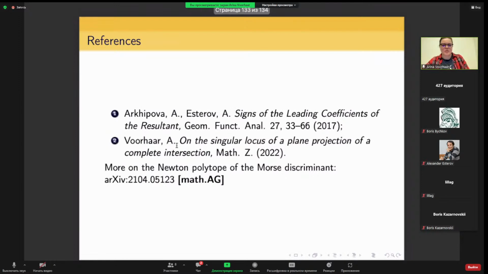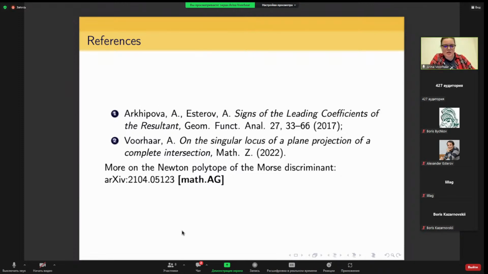Okay, so the last thing I want to say is that this talk is based mostly on 2 papers. One of them is my joint work with Alexander Esterov, which is in Geometric and Functional Analysis. And the other one is my work that got recently published in Mathematische Zeitschrift. Please don't mind the different surnames, that's my maiden name.